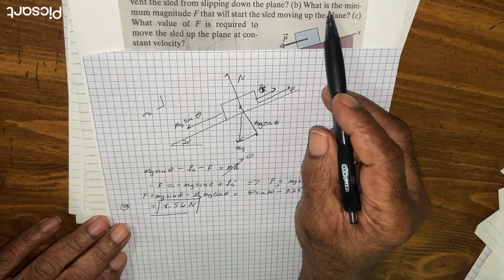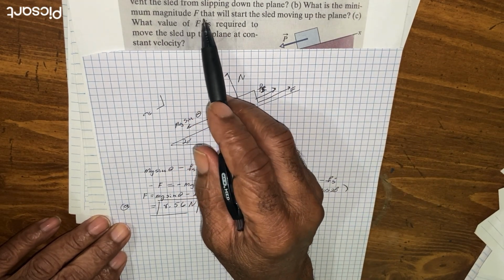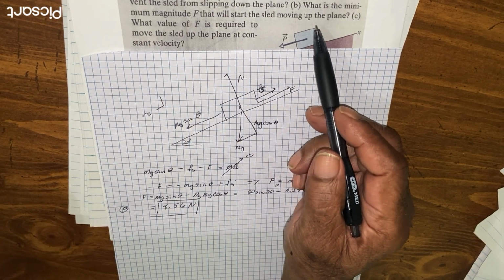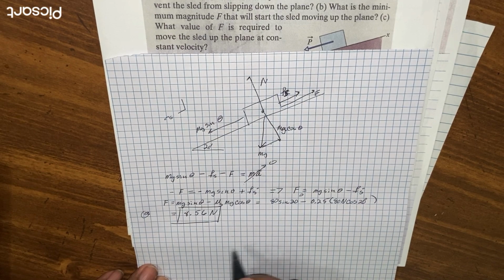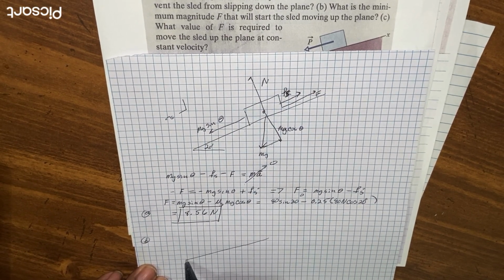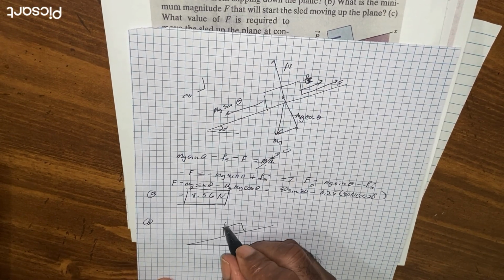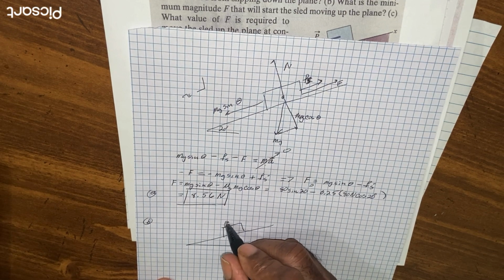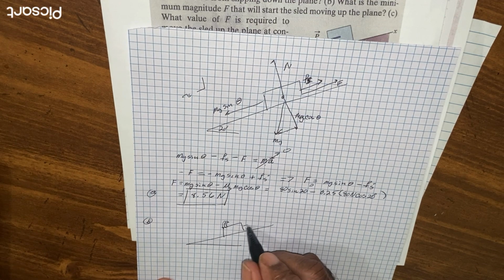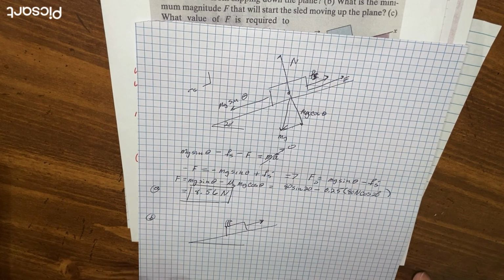B is, what is the minimum magnitude F that will start the sled moving up the plane? So for B, we have our penguin in a box. Try to draw him. And we want it to move up the plane, and we want to know the minimum force.